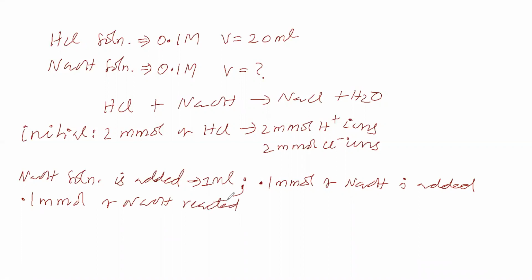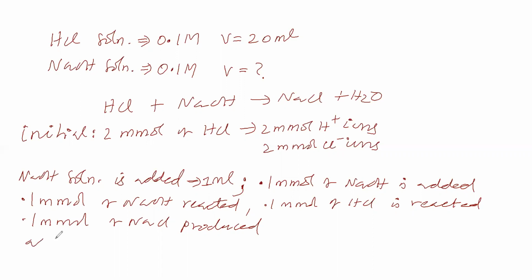How much sodium hydroxide you added, that much reacted. So 0.1 millimole of HCl is reacted, and 0.1 millimole of NaCl is produced.